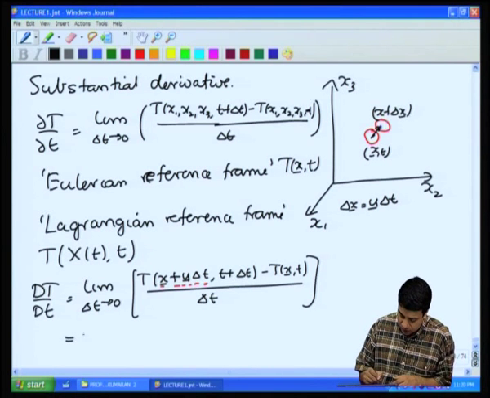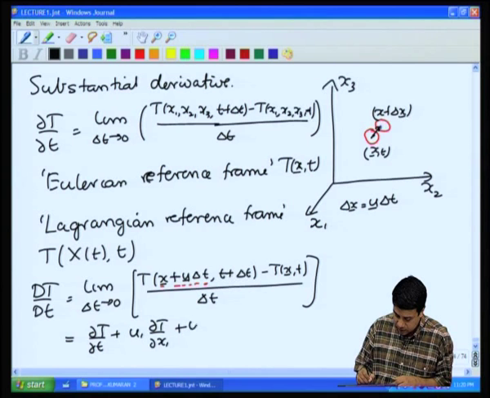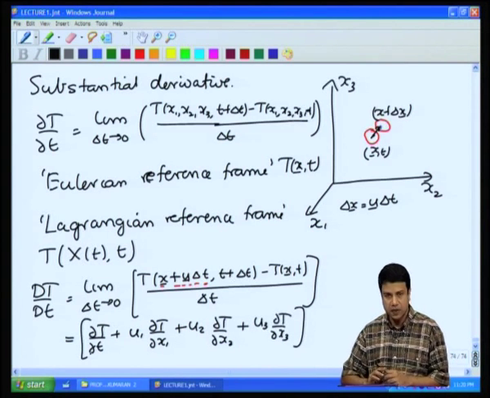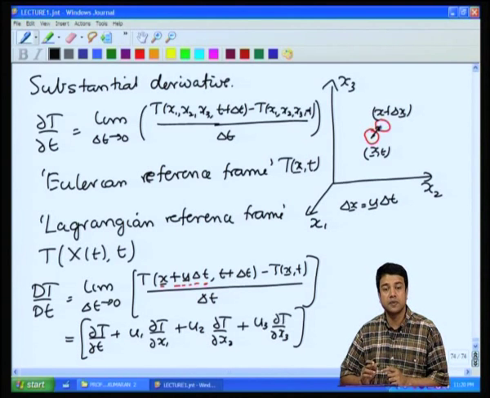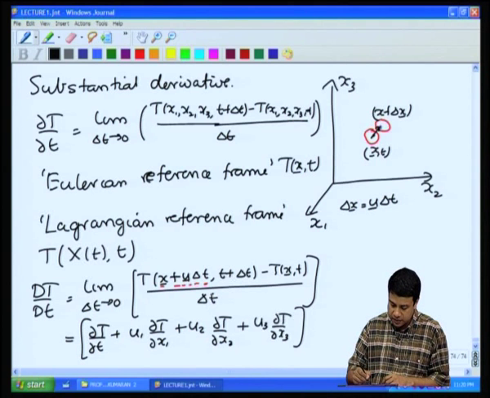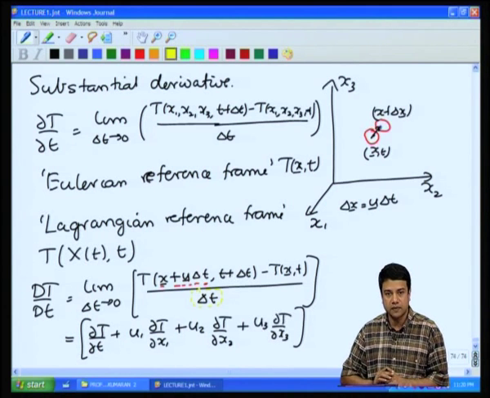And what you will get is partial t by partial t plus u1 partial t by partial x1 plus u2 ..., because the distance travelled was u1 delta t. Therefore, the difference in temperature is equal to u1 delta t times partial t by partial x1, and then I divide by this delta t in the denominator, and therefore, I get u1 times partial t by partial x1.